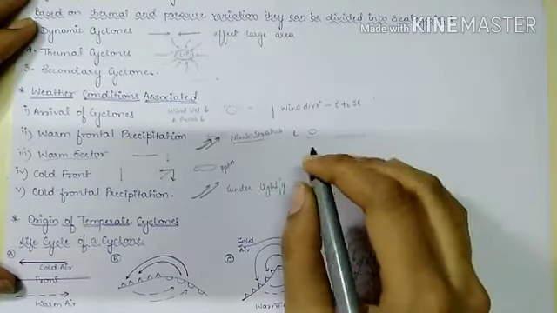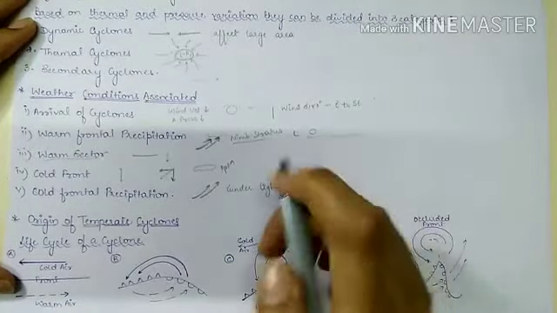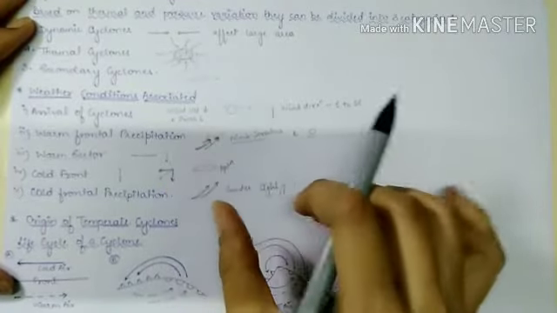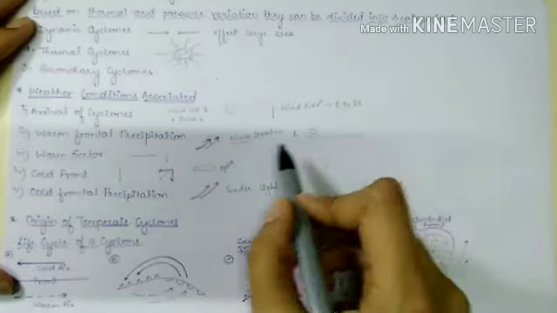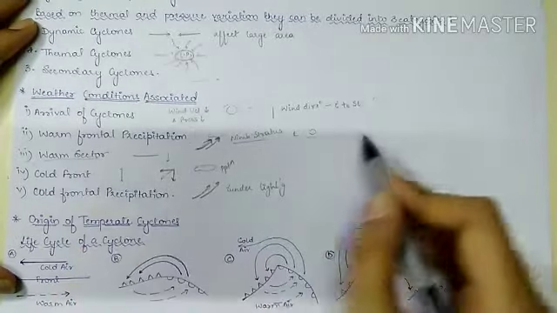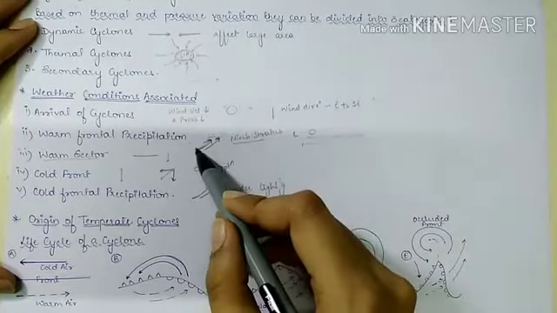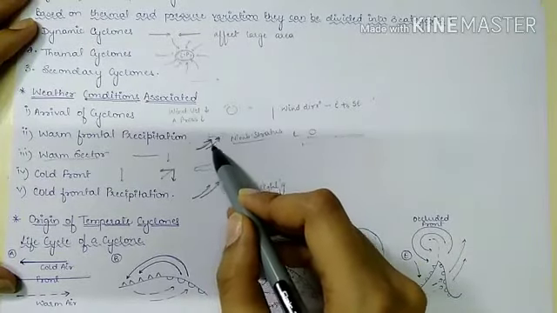but the precipitation will be for shorter duration as compared to warm frontal precipitation, and it will be less widespread. So the warm frontal precipitation was more widespread and was for long period of time because the warm air was rising by itself.